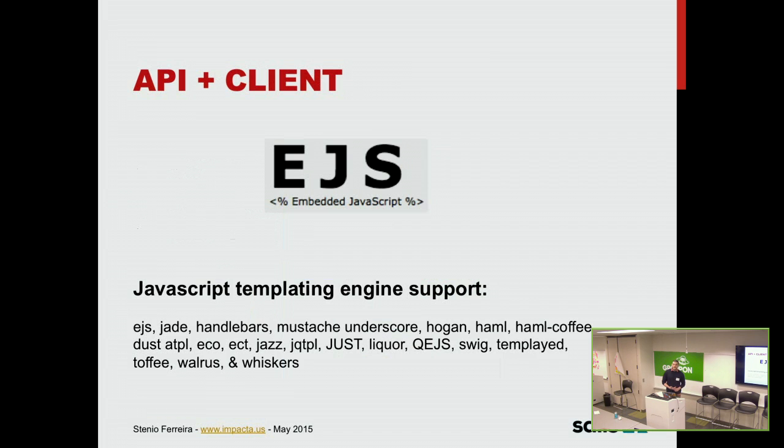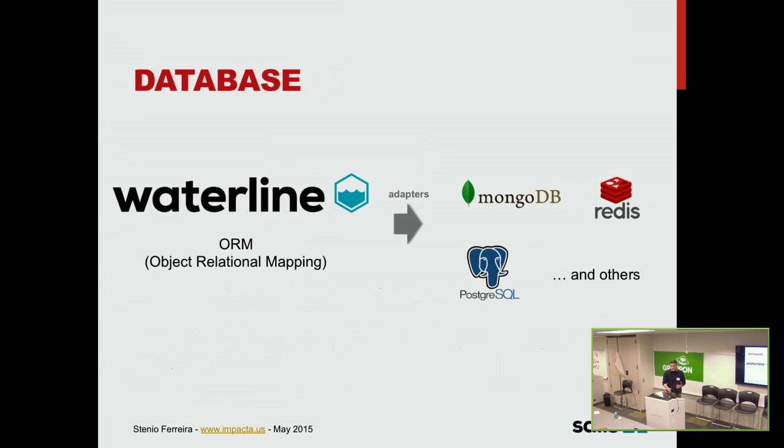So now on the presentation, I'd like to talk about 5 highlights of Sails. These are the parts of the technology that I really like and I think are very powerful. The first one is regarding database. For database, Sails uses Waterline as the database layer. Waterline is an ORM layer, and what that means is that it abstracts all the SQL or NoSQL logic.